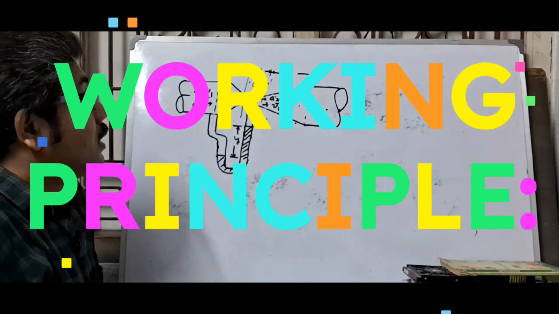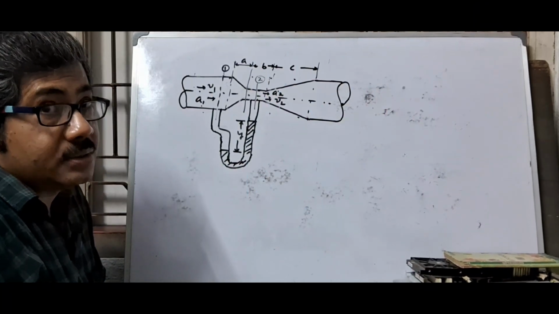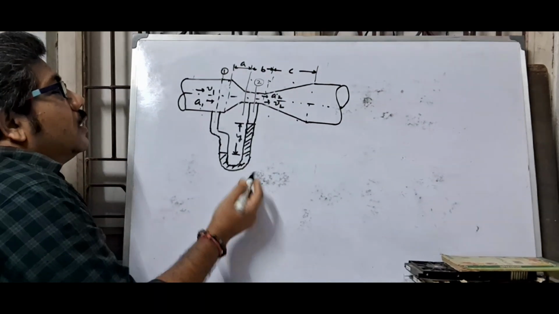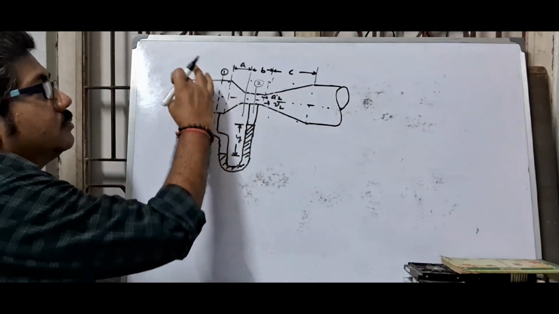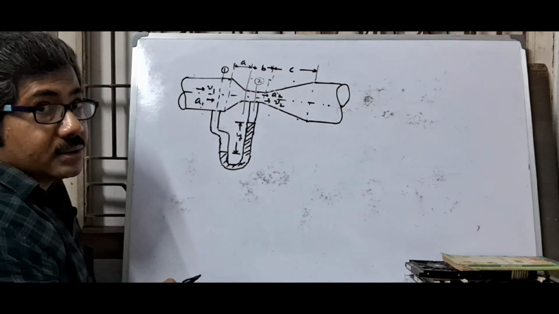Now we will deduce the value of actual discharge. First of all, consider this Venturimeter as horizontal and there are no energy losses.